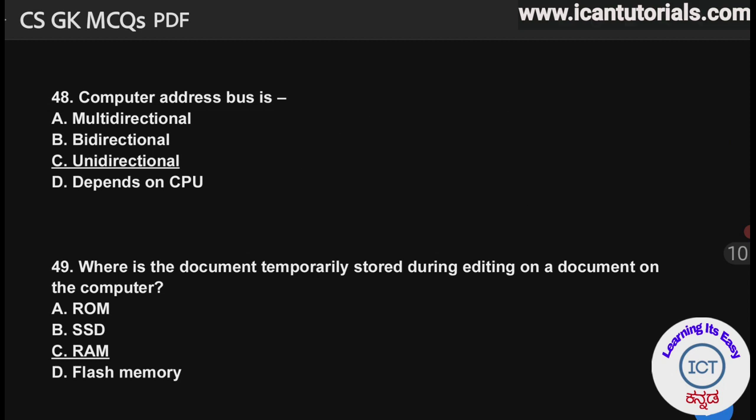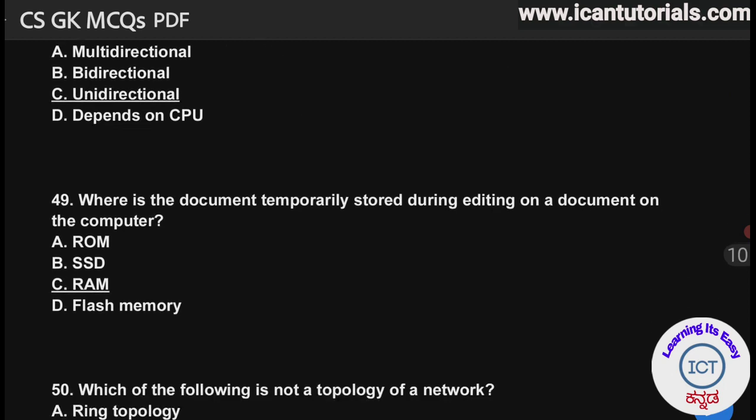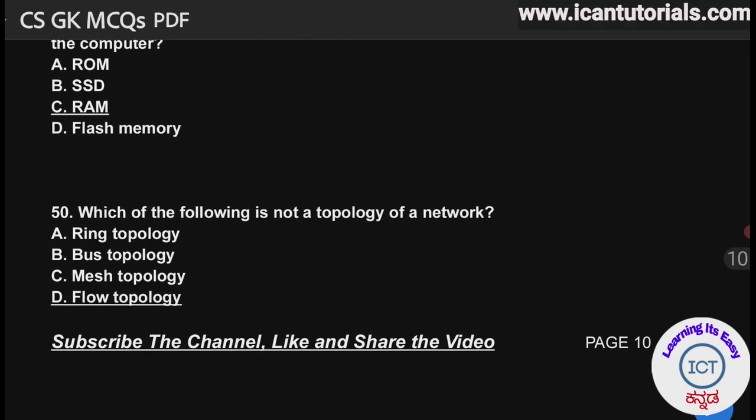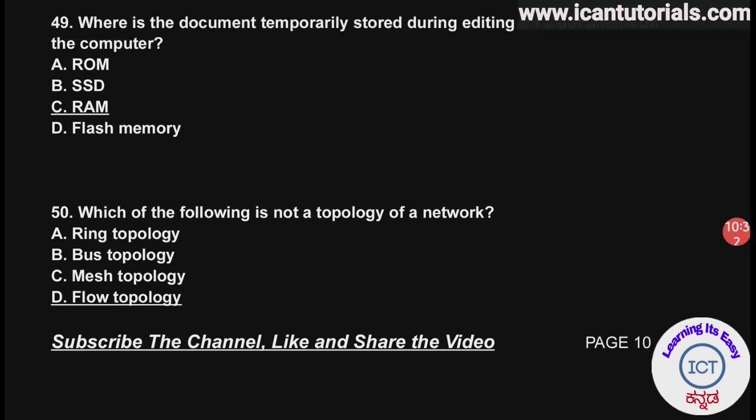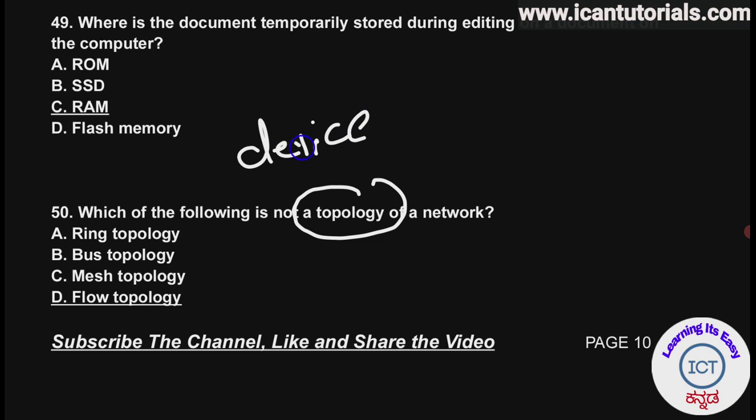Let us check out the last question of today's video, that is, the 50th question. Which of the following is not a topology of a computer? First, let us understand what topology means. Topology means how devices are connected to the network.